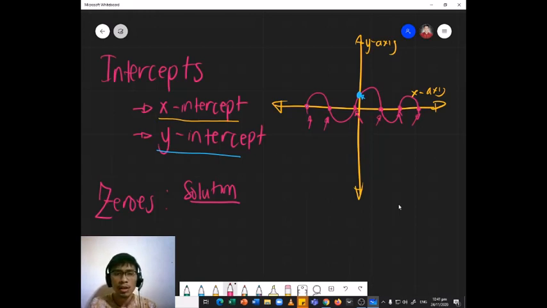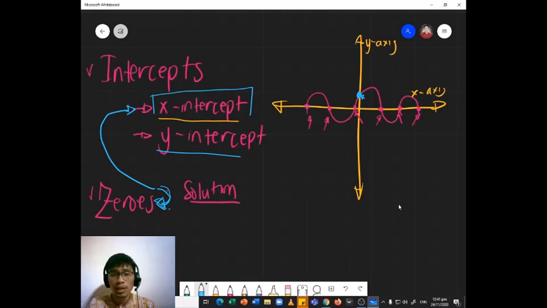As you can observe here, we have intercepts and zeros of the function. The zeros of a function are similar to the x-intercepts. Again, the zeros of a rational function are the same as your x-intercepts. In short, whatever your x-intercepts are, automatically those are the zeros of your function.